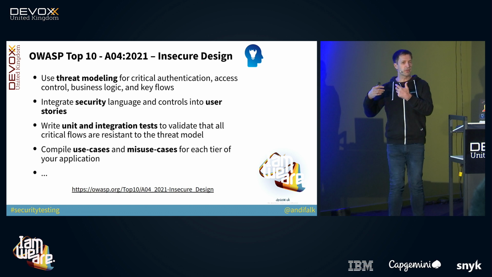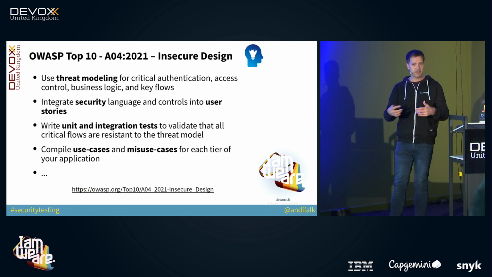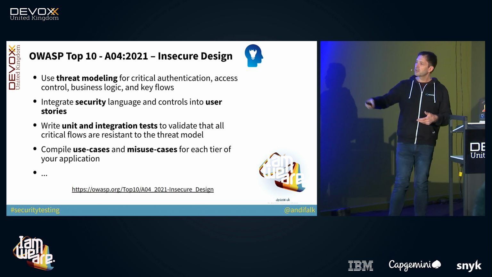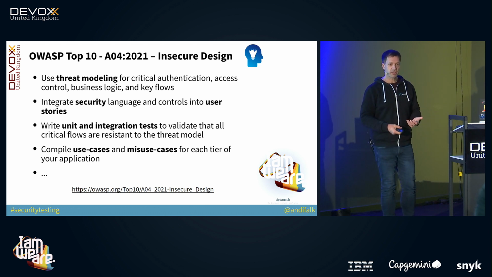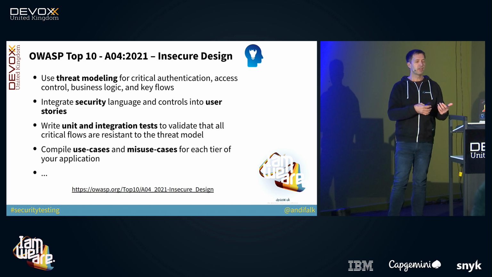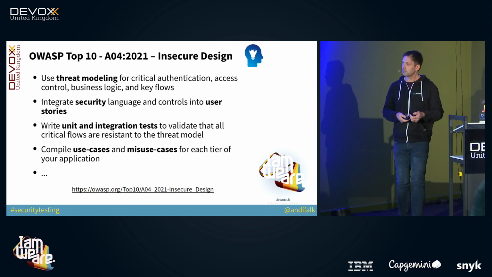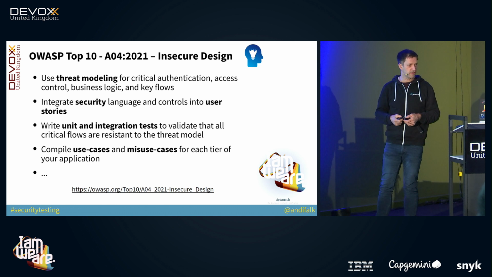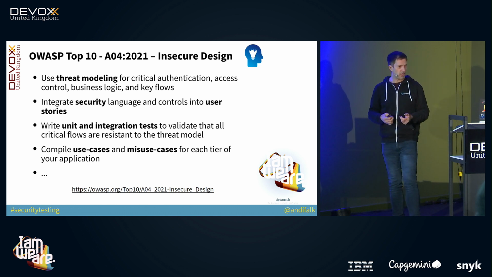So you typically do a threat model with all the threats that may be dangerous for your application, and then you write the unit and integration tests to prove that these attacks cannot happen to your application anymore. And also compile use cases and misuse cases for your application.